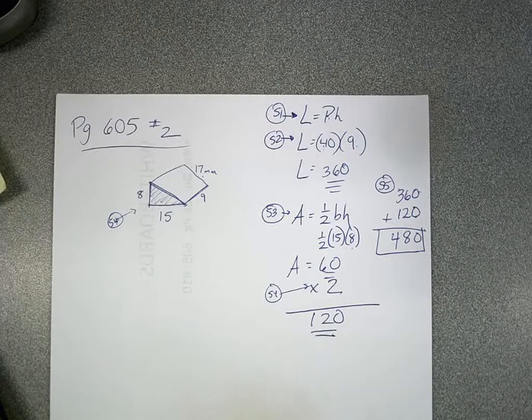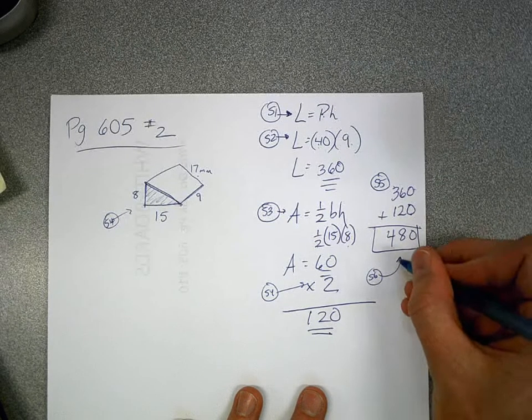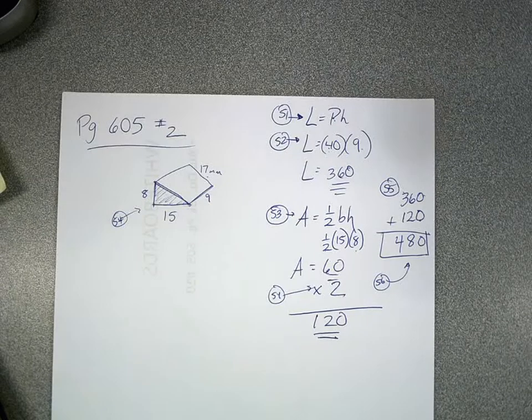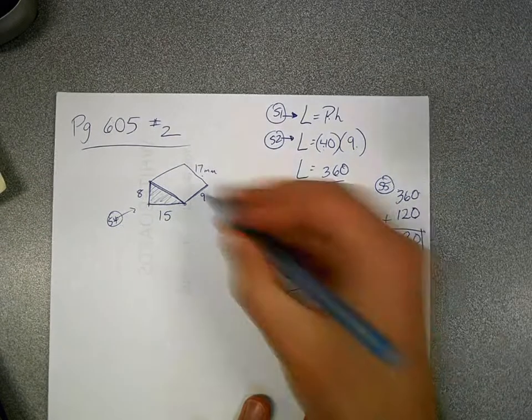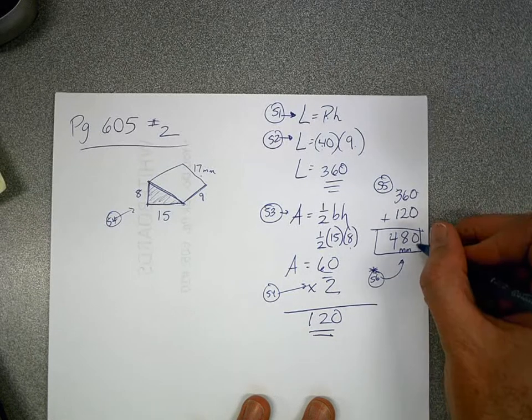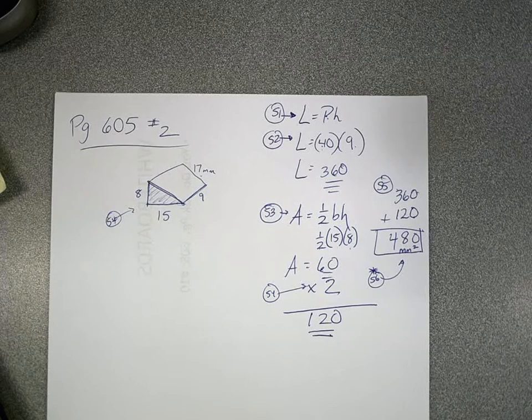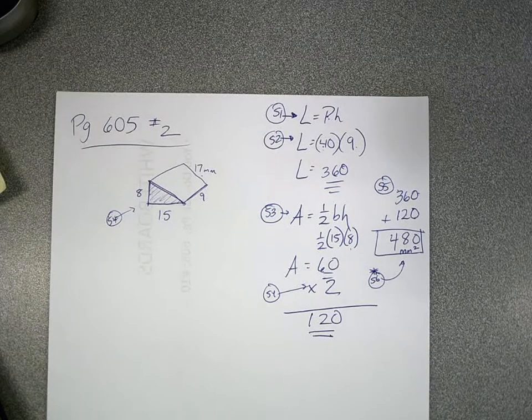Of course, step 6, or step star, is to put your units in there. It's all in millimeters, so don't forget, and put a star by step 6. Don't forget it's squared. 480 square millimeters.